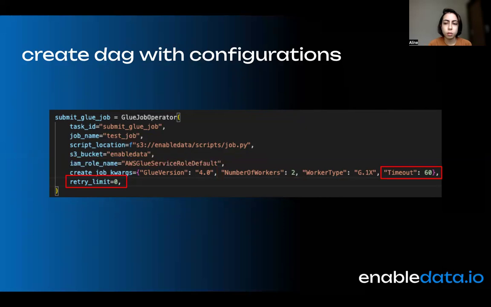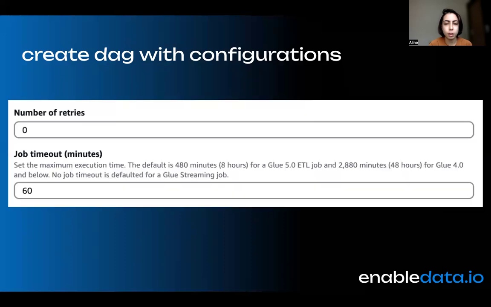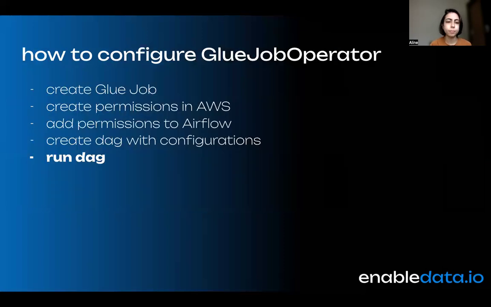And these are ones that are not required, but I would highly advise using the retry limit, which I also added here, and the timeout. Both are very important good practices when creating a job. In this case, I've added no retries, and the timeout for the job is 60 minutes.